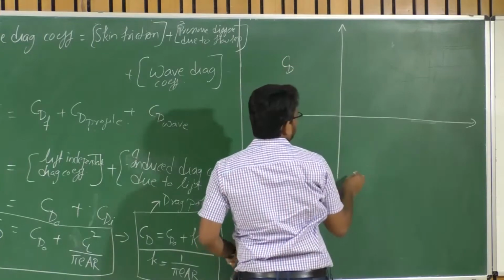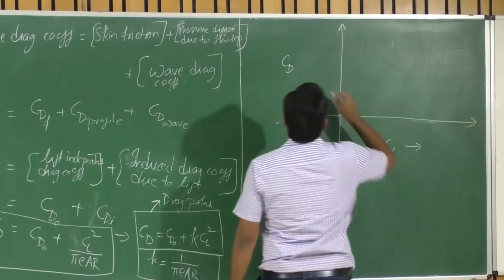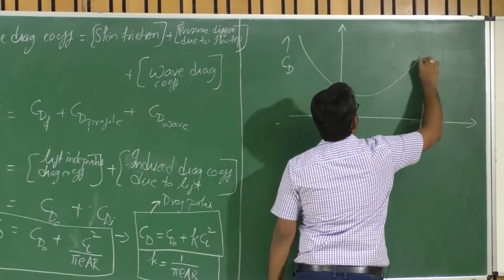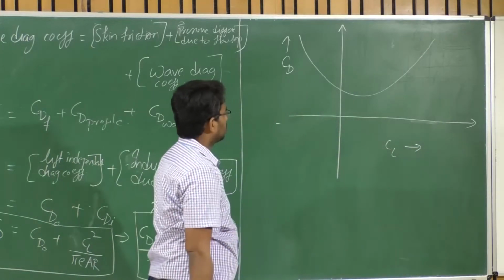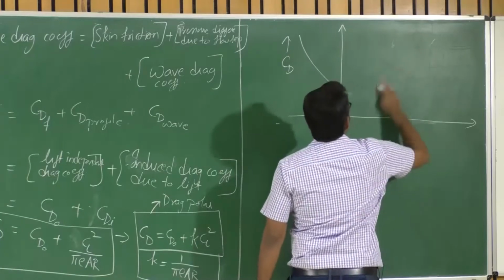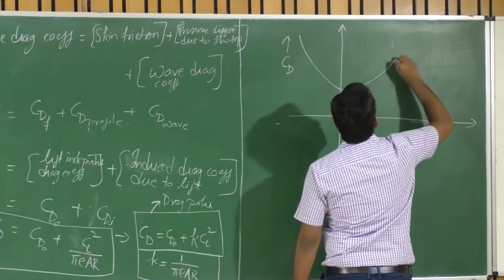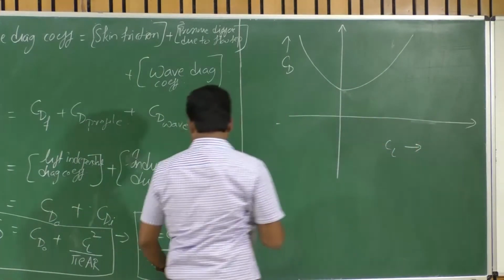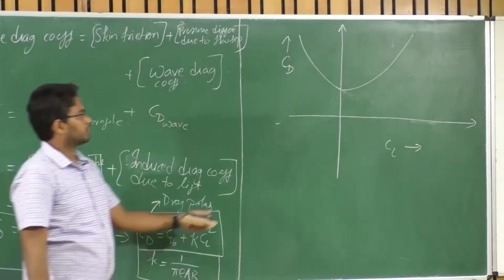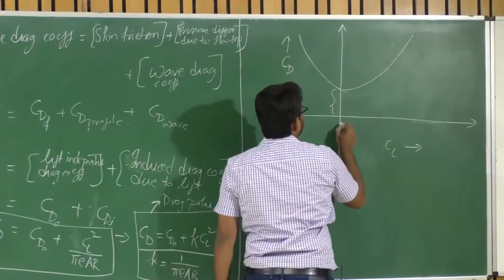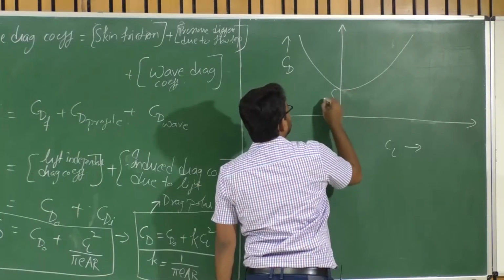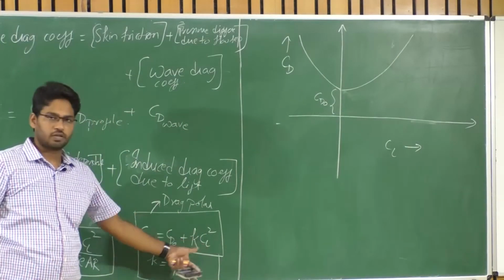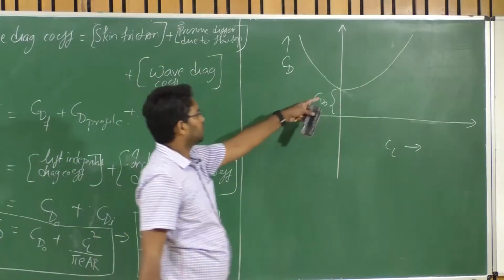If we have CD on the y-axis and CL on the x-axis, let us consider this particular case. It's a parabolic variation, isn't it? It's a second order equation in terms of CL. So when CL is equal to 0, the corresponding CD is CD naught. This is the lift independent drag coefficient, and this is the corresponding point.